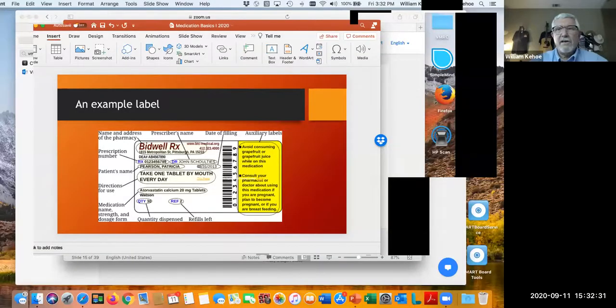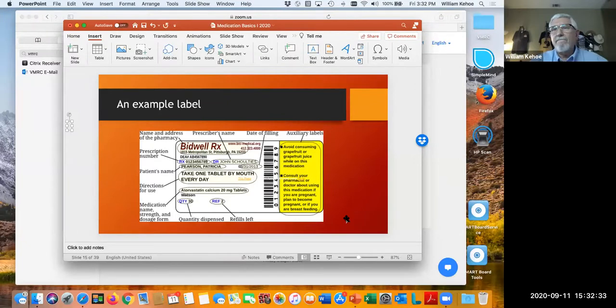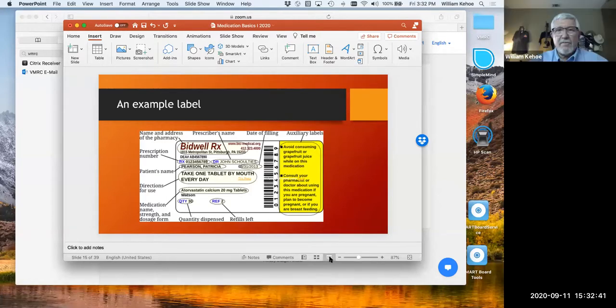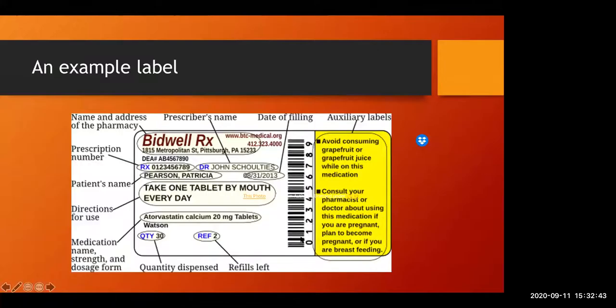Can you see it yet? Oh, wait, share. Now can you see it? Yes, we see it. You just have to maximize your screen. Click the green. Yeah, I'll bring it back. Okay, thank you.